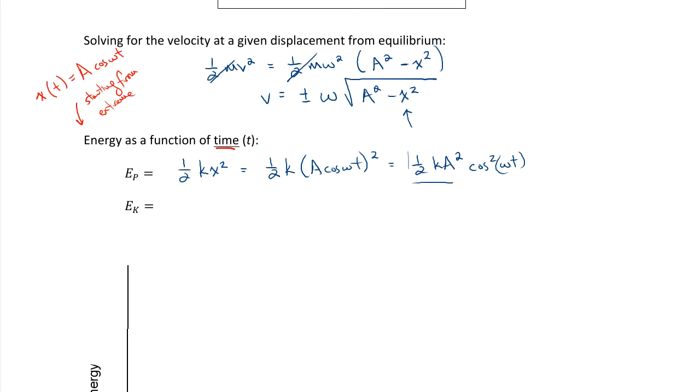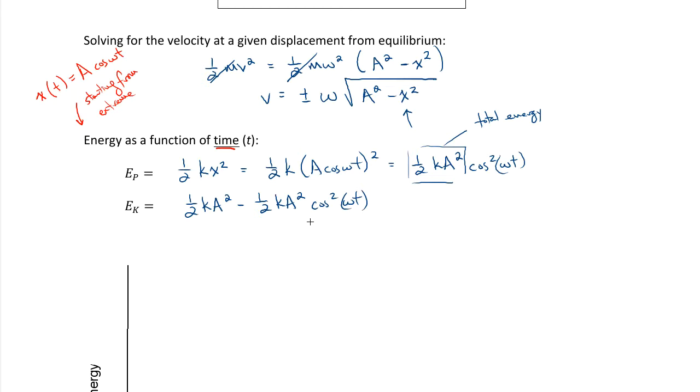This, of course, is our total energy. And now we've got this cos squared function. And if we want to find the kinetic energy, again, we just take the total energy, so 1/2 times k A squared, and we subtract the potential energy, 1/2 times k A squared times cos squared omega t.